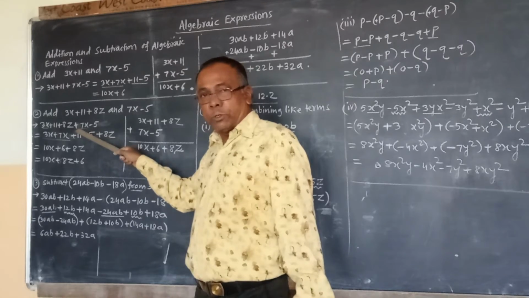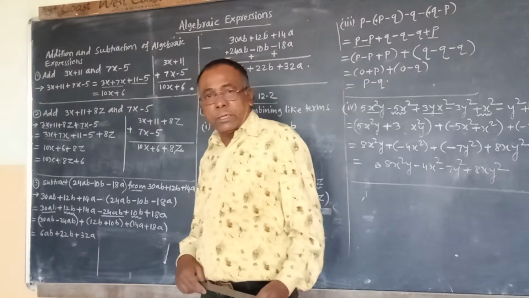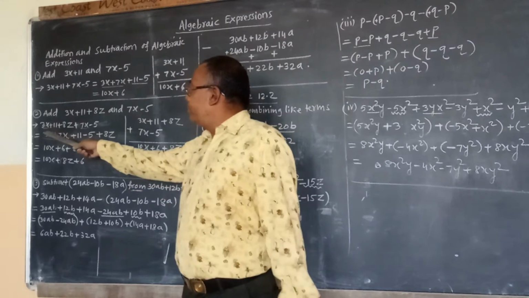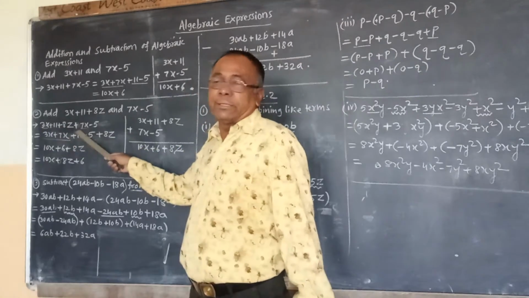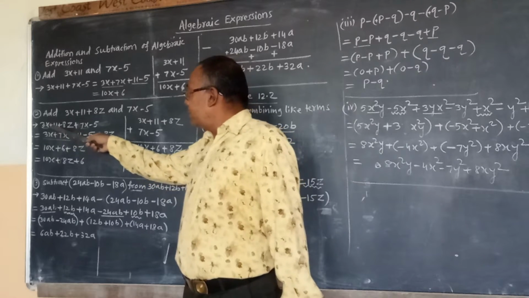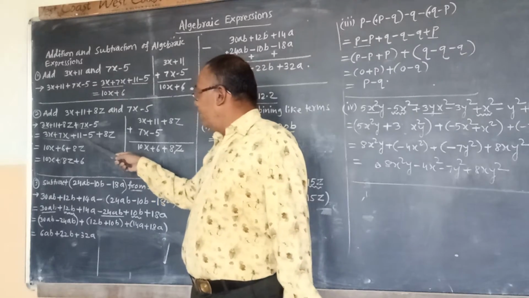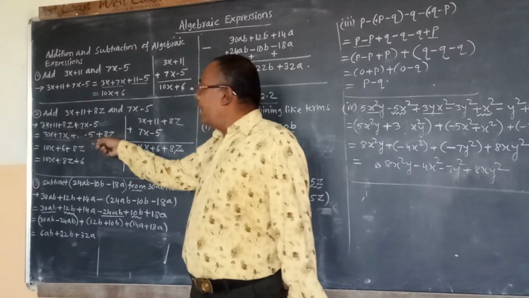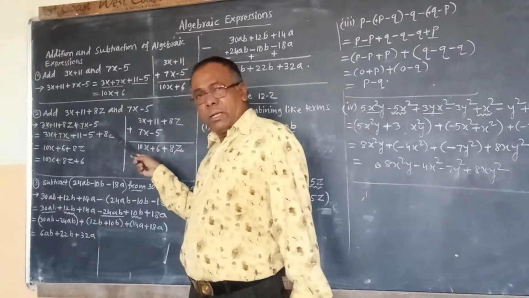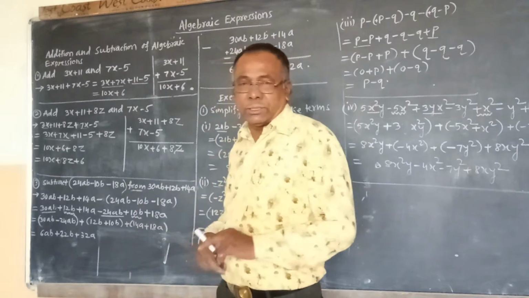I have written their positive sign, and now again we will collect the like terms together. Here 3x and 7x, plus 3x and plus 7x, are like terms. Plus 11 and minus 5 are also like terms. But 8z has no other like term here, so I have written plus 8z at the last.